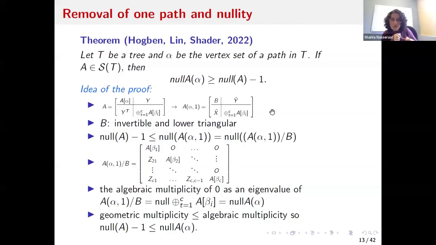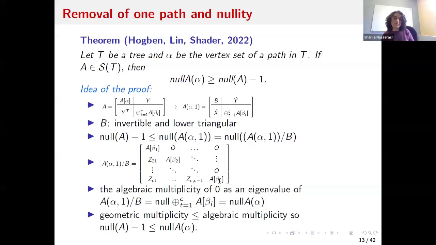And what we get, just similar to the paths, is that the matrix B is a lower triangular matrix, which is invertible. So that means now we can perform the Schur complement. The good thing about our labeling is that when we do the Schur complement, the components that we obtained from deleting the path are not going to be affected. So in this Schur complement, all of these diagonal blocks are exactly the same as before. Everything above is 0. The things below might change, but that doesn't change the eigenvalues or the nullity of the matrix.